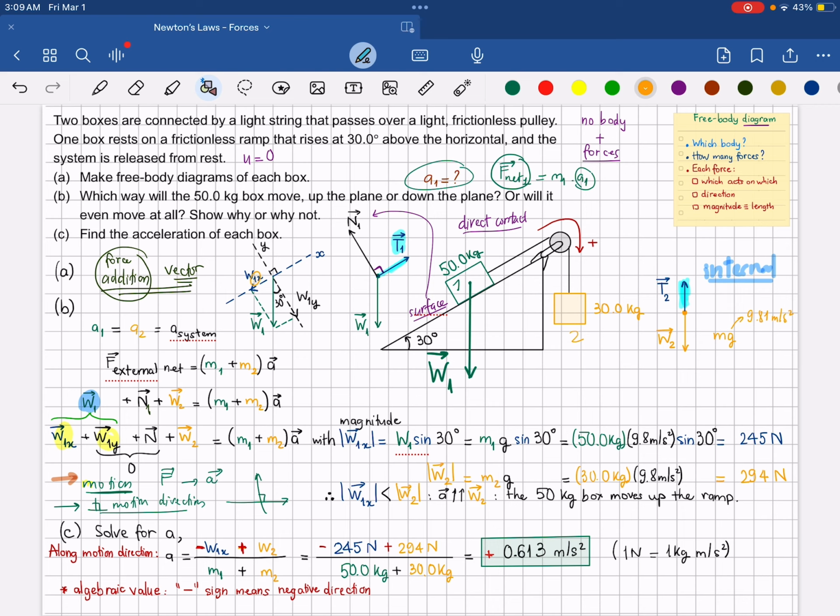Now we focus on this one, and this is the component. Do you recognize that it's just a right triangle? With this we can apply some rules and take advantage of the cosine and the sine, and we can calculate the magnitude of W1x from W1.